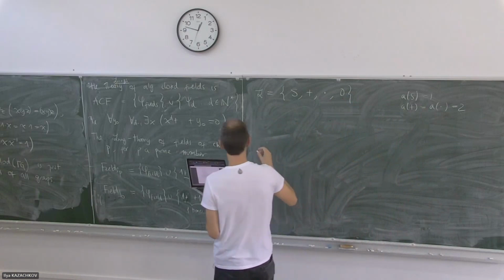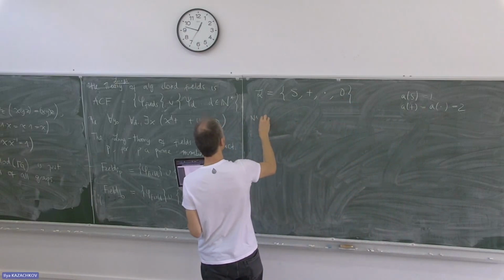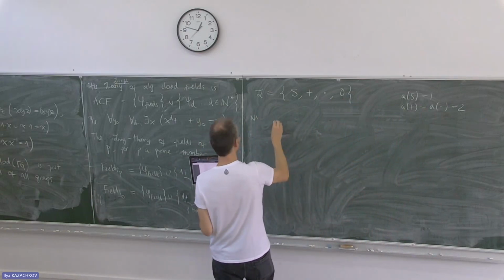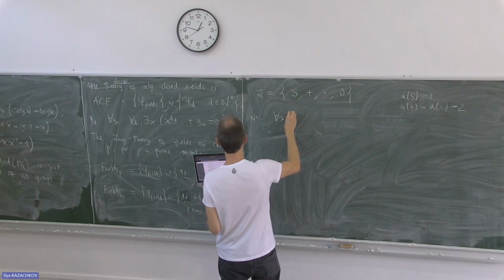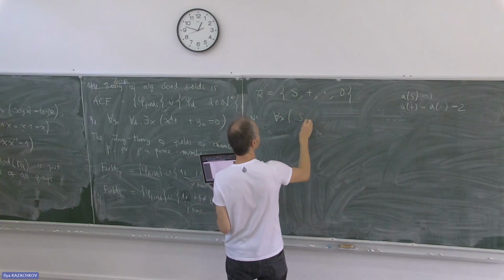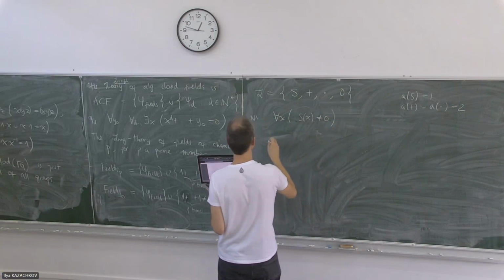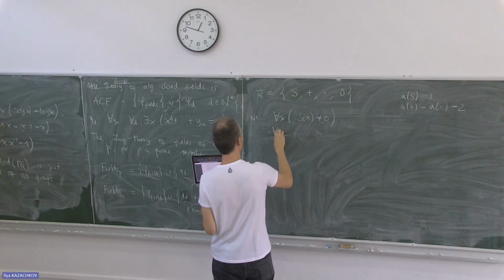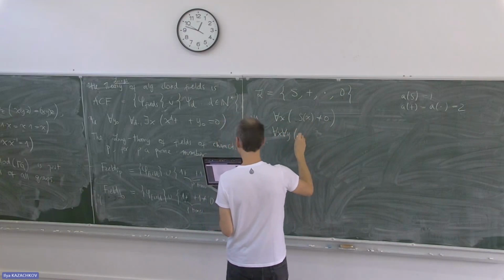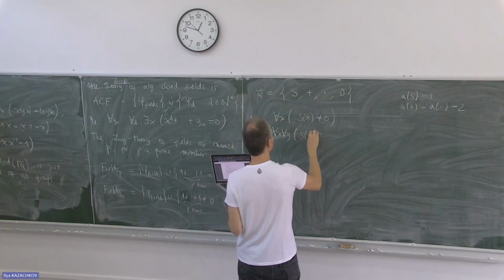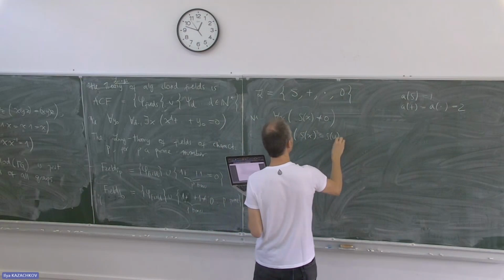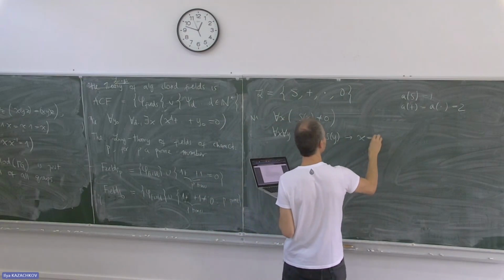Okay, the axioms are the following. One, 0 is not the successor of anyone. Two, for every x, for every y, the successor function is an injective function.